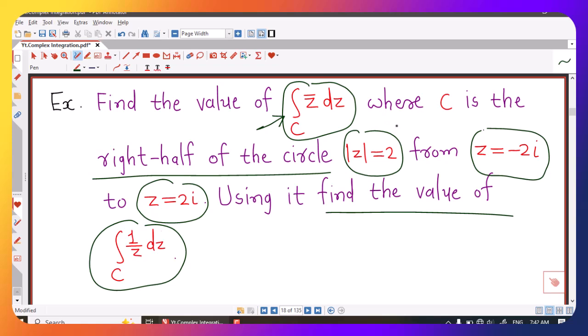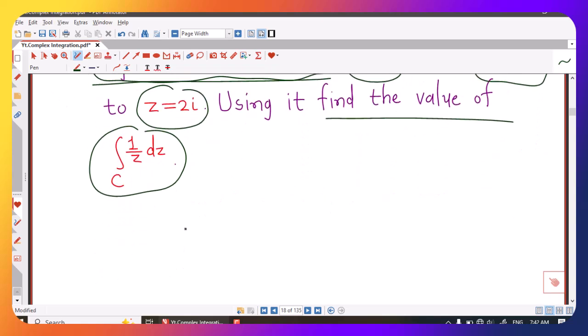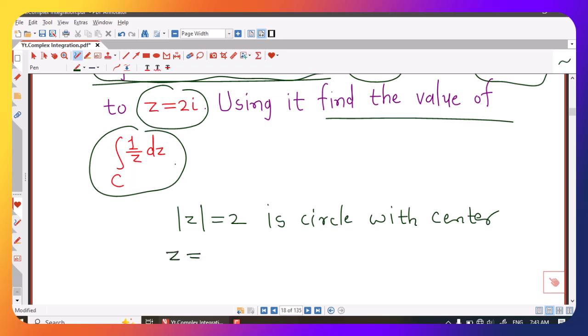You can see here our contour is the right half of the circle mod z equal to 2, and we know that mod z equal to 2 is a circle whose center is the origin. So it is the circle with center z equal to 0 and radius 2.